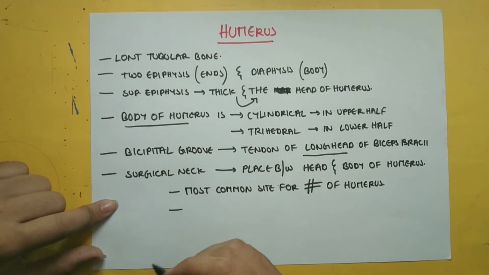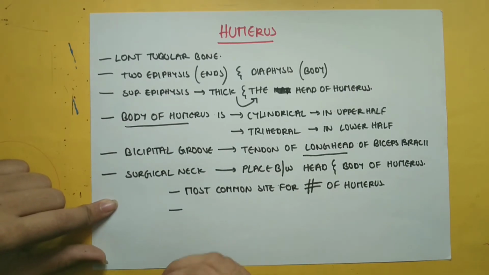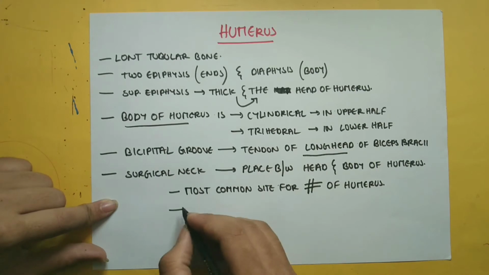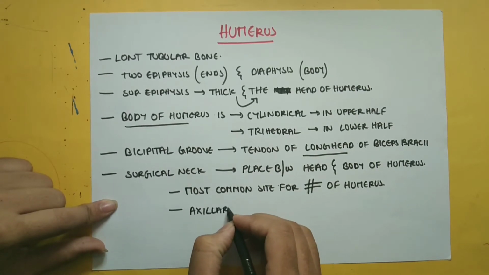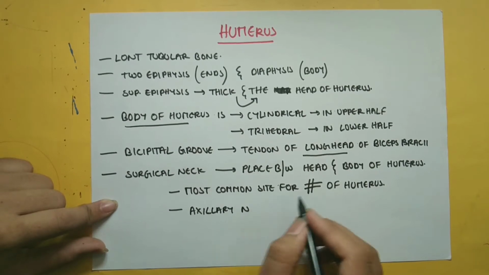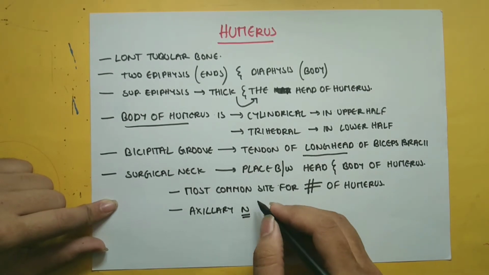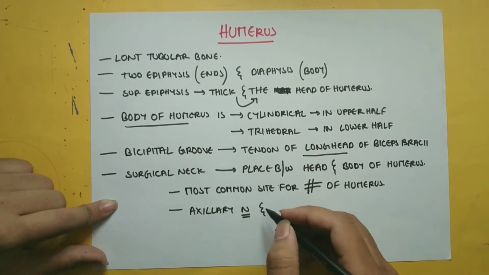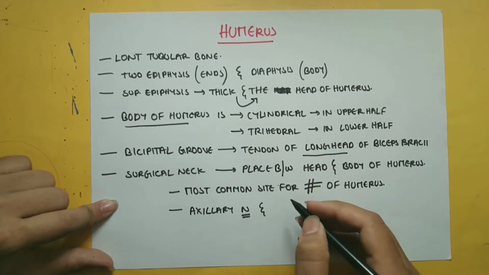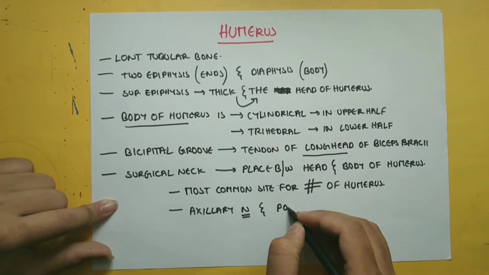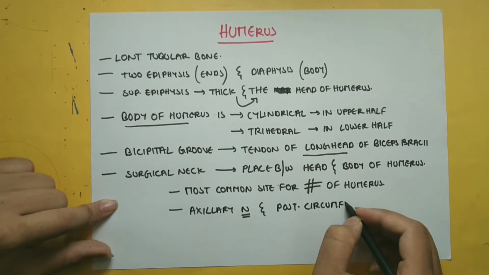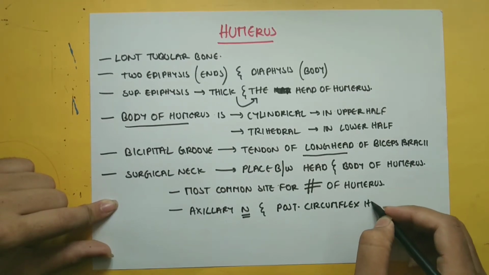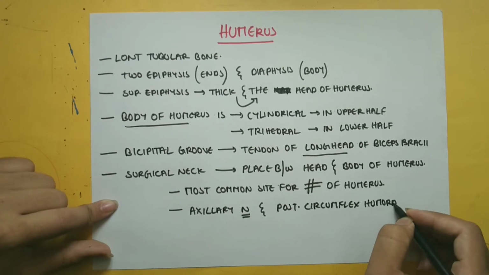And what happens in the fracture? What gets damaged? It injures the axillary nerve. I just simply write N. And circumflex humeral artery, mainly the posterior circumflex humeral artery.